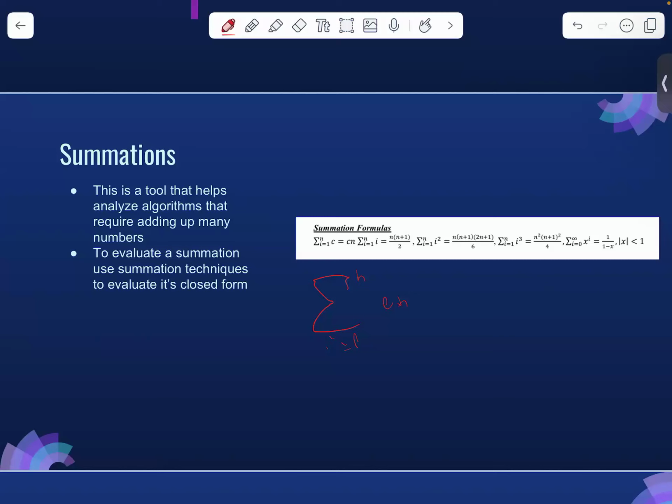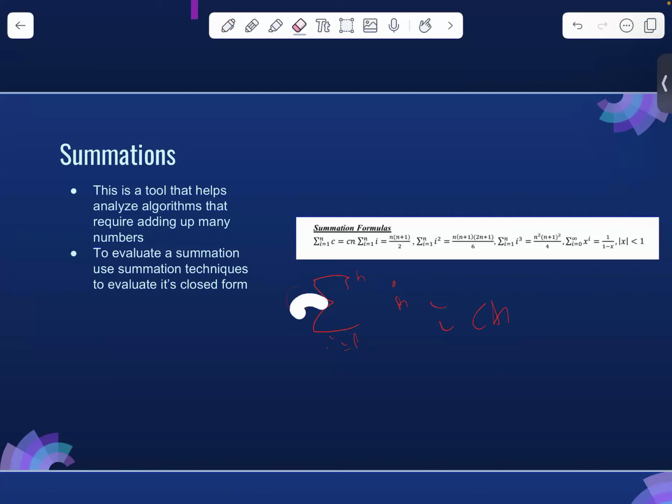It isn't in that form, but c is a constant, so I would be able to take out the c and just multiply the summation by c. Now the summation is in a form where I can just plug in the n, because that's a closed form, and I would have it equal to c times n.